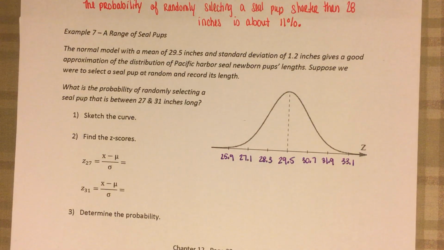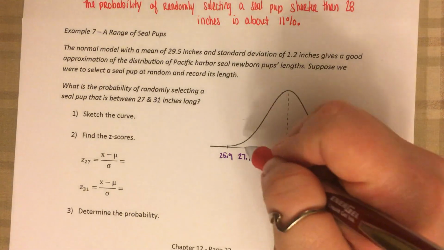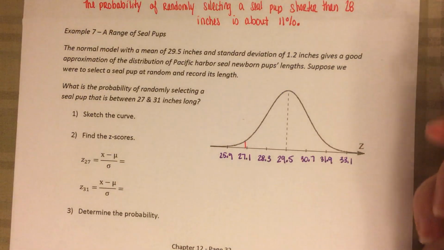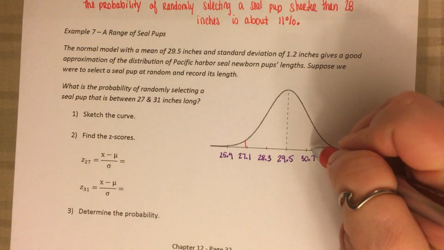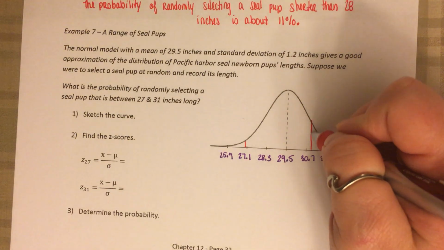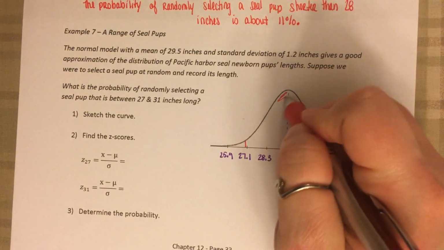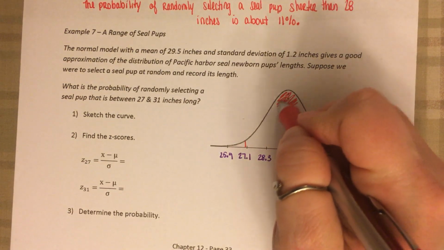This time we're asked, what is the probability of randomly selecting a seal pup that is between 27 and 31 inches long? So 27 is going to be right around there, 31 is going to be right around there, and then we're going to shade the area in between.